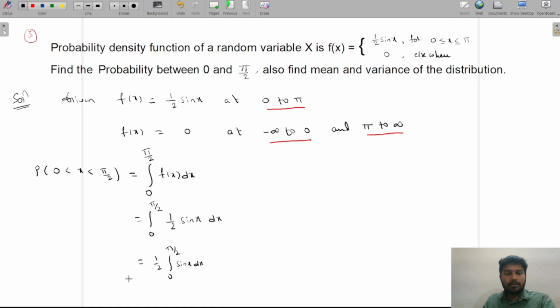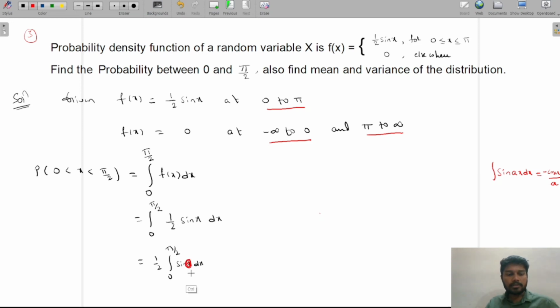Now what is the formula for the integration of sin x dx? Let's see the formula here. The integration of sin ax dx has the formula minus cos ax by a. Here what is the value of a?